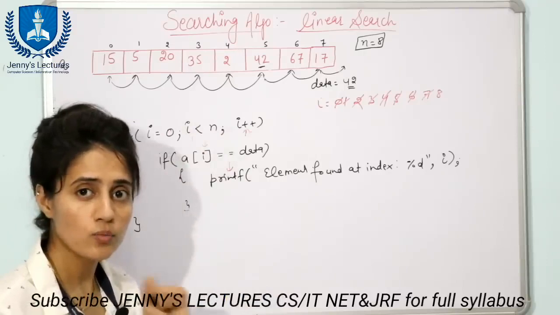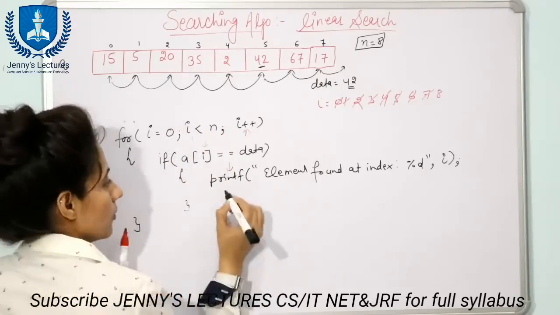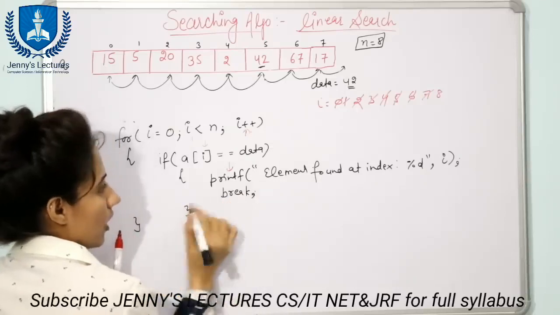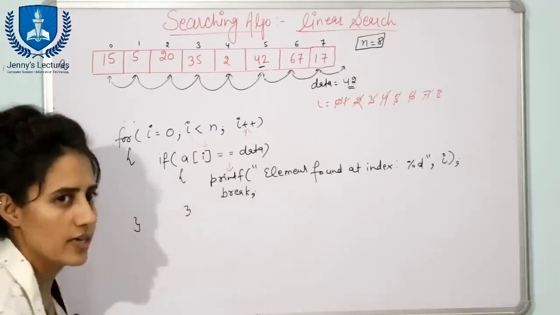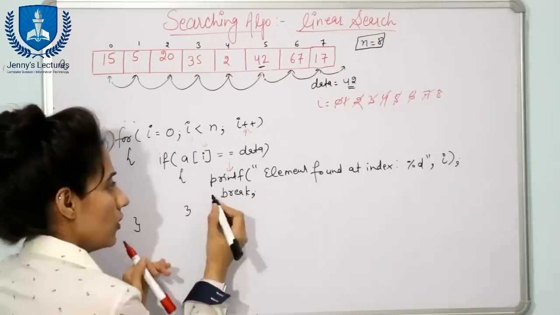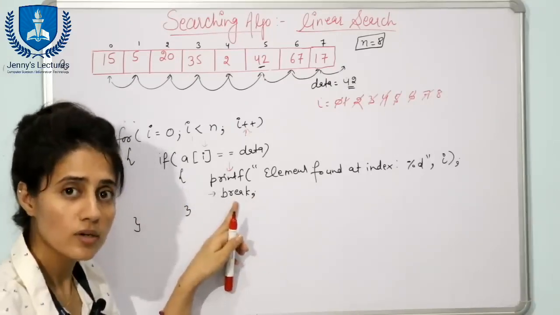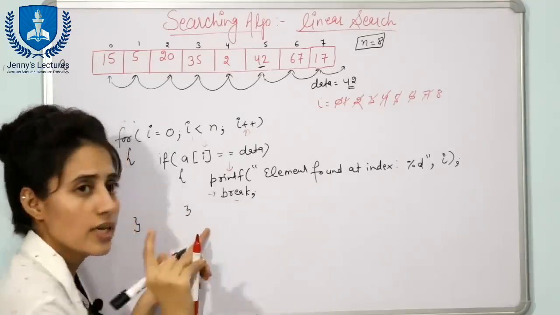Now you have to add one more condition here, right? You have to write what? Break. After this printf you will write break, and after that you will close this if statement. Now see, this break means what? As soon as control goes to this break statement, the control will go out from the loop in which the break statement is written.